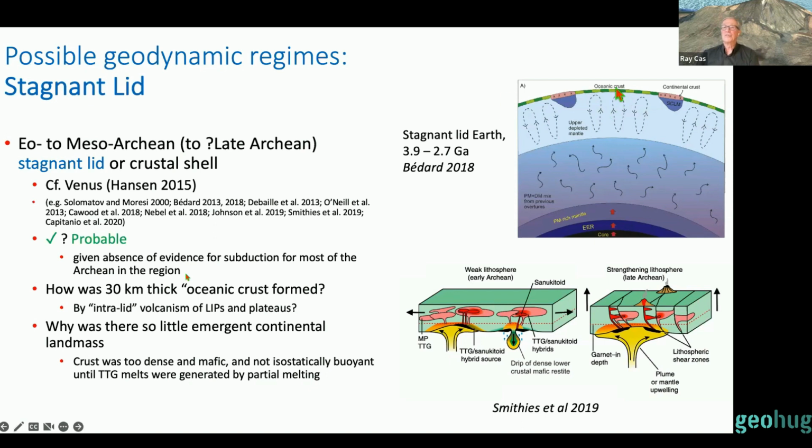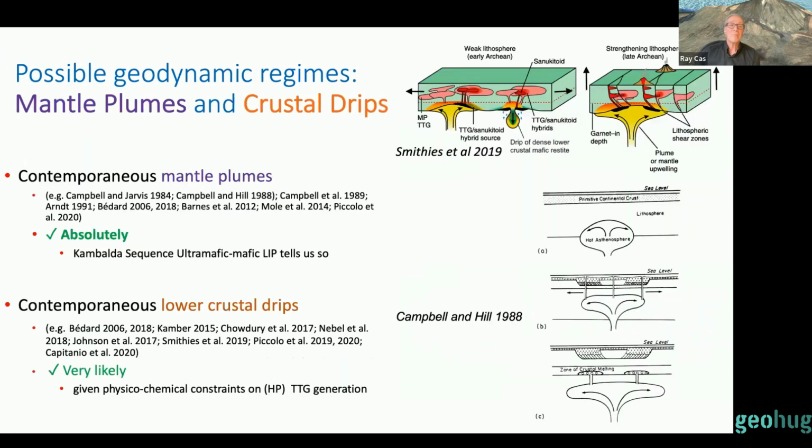And within this continuous crustal shell, which consisted of what we'll call Archean oceanic crust. Now, do not confuse that with Phanerozoic and Proterozoic oceanic crust, because we see no evidence for seafloor spreading in that oceanic crust. It's called oceanic because it was underwater and it was basaltic in composition. So that's why it's called oceanic crust.